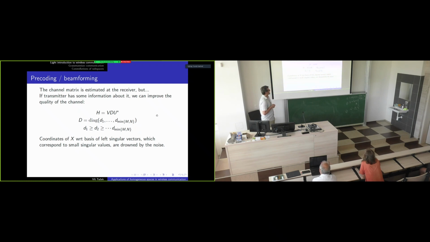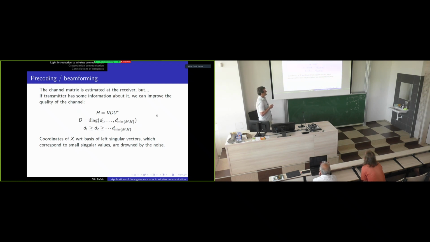But I will move on to one of the projects that we have at Huawei, and that's the problem of beamforming or precoding. The channel matrix is estimated at the receiver, but if the transmitter has some information about it, we can use it to improve the transmission.